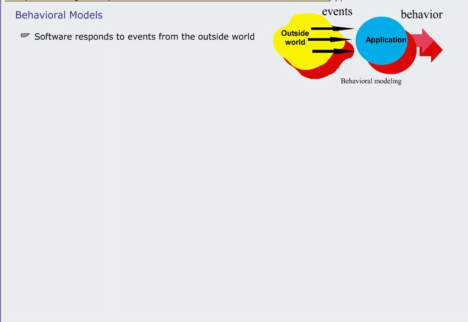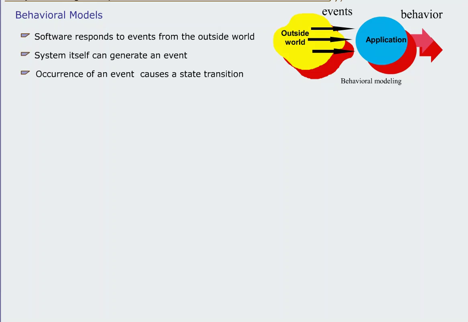Behavioral models. Dear students, most software responds to events from the outside world as shown in the figure. An event may also be generated by the system process itself. An occurrence of an event causes the system to exhibit some predictable form of behavior.